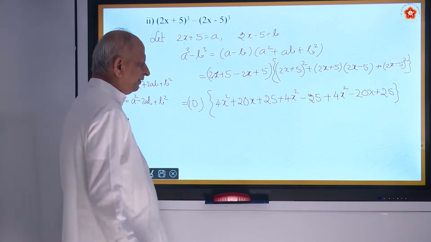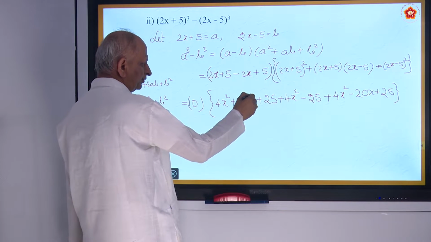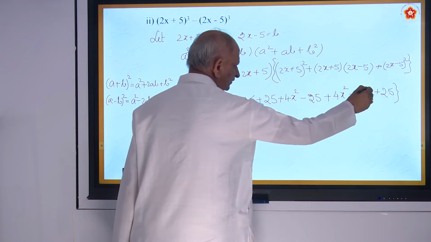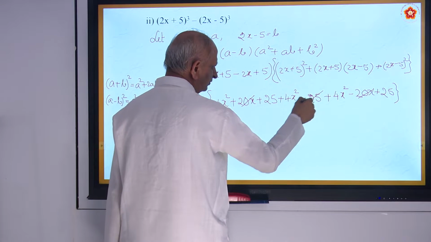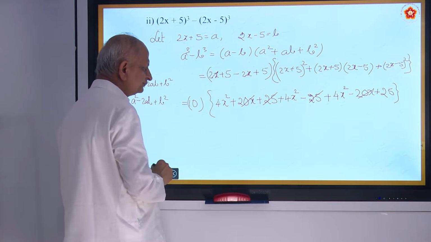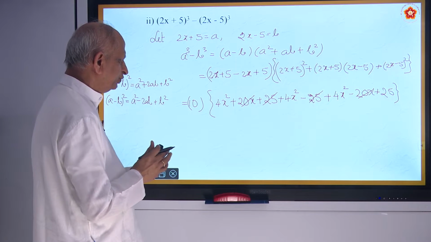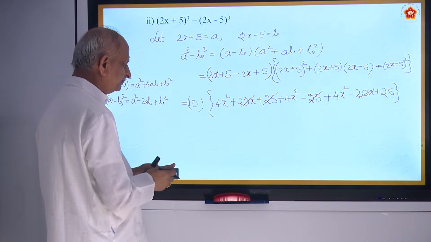So now you cancel, what are the items that cancel? This cancels with this, correct? Plus 25 minus 25 cancels. So now it is reduced to the small items.